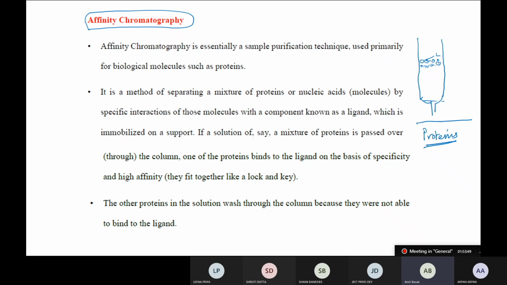Then proteins can also be receptors. Receptors like, you have heard of neurotransmitters, that sometimes you feel good, sometimes you feel sad, sometimes you feel depressed. Now there are a lot of medicines available to make you feel good.